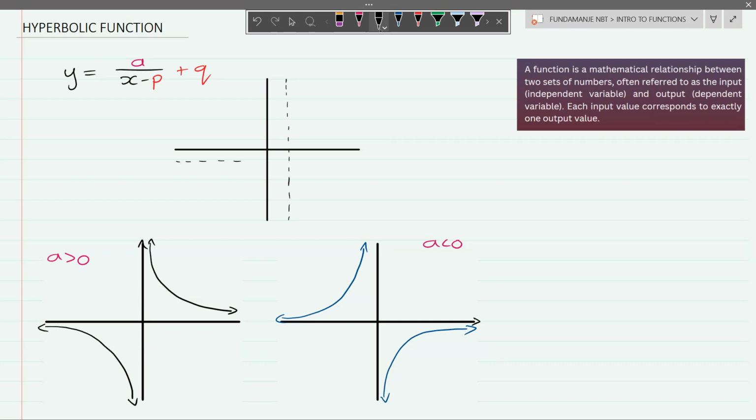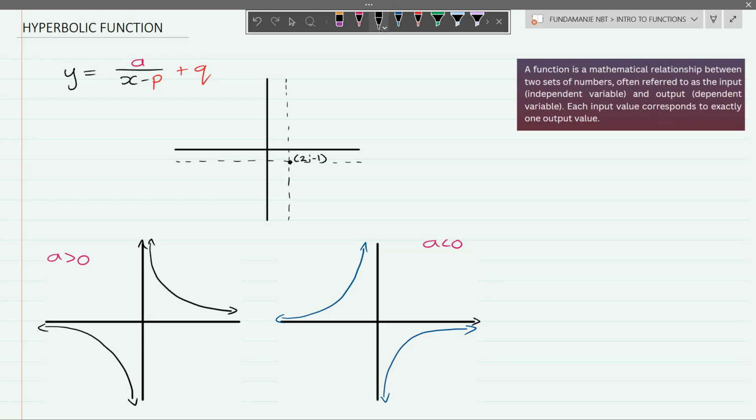That means we're going to have our asymptote over here. So 2 units to the right and 1 unit down. That means this will be (2; -1). So this is the coordinate where our asymptotes meet.